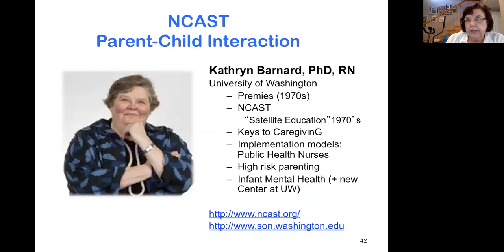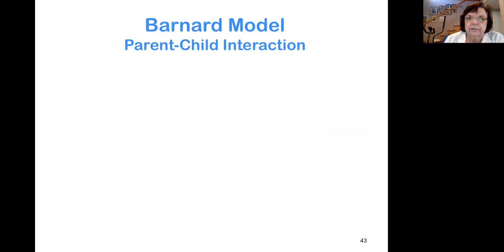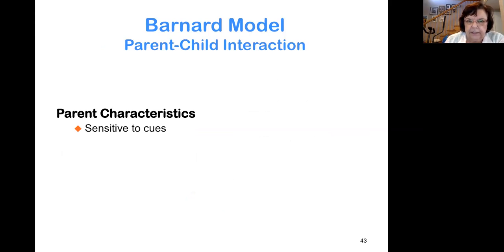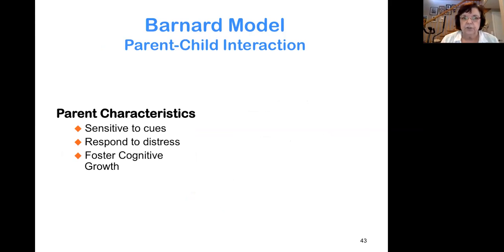Parent-child interaction, we use Kathy Barnard's Nursing Child Assessment Satellite Training, parent-child interaction scales that were previously validated. The part of her model that we like is that parents bring things to the interaction, their sensitivity to a child's cues, how they respond to distress, how they foster cognitive growth, like labeling colors and articles like that.